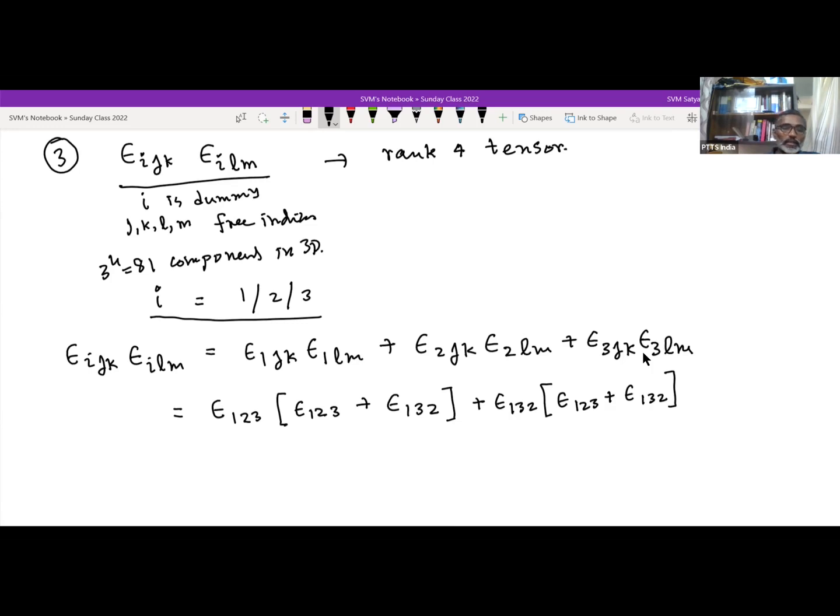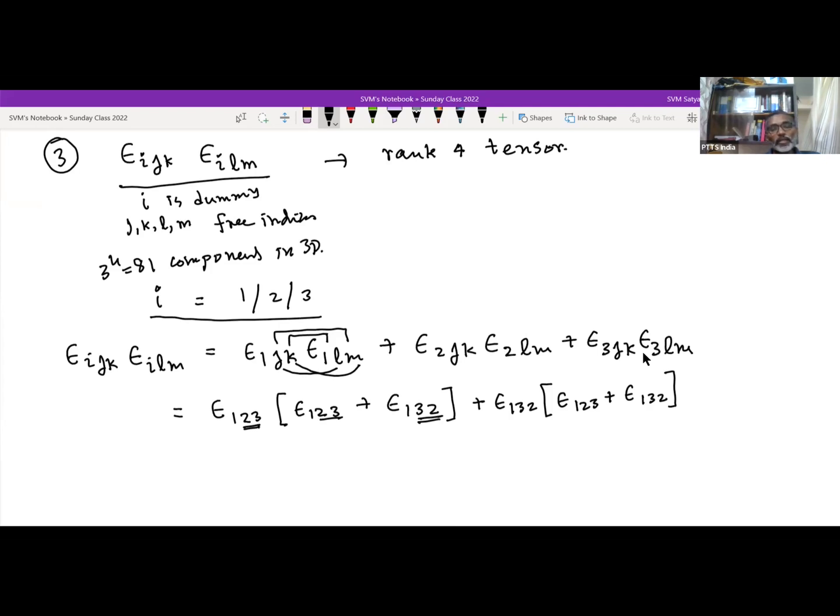Now, if you look at this term, you can see that this is 2, 3 and 2, 3. That means j is same as l, k is same as m. But if you flip this, that means j is same as m, and k is same as l, then what happens?